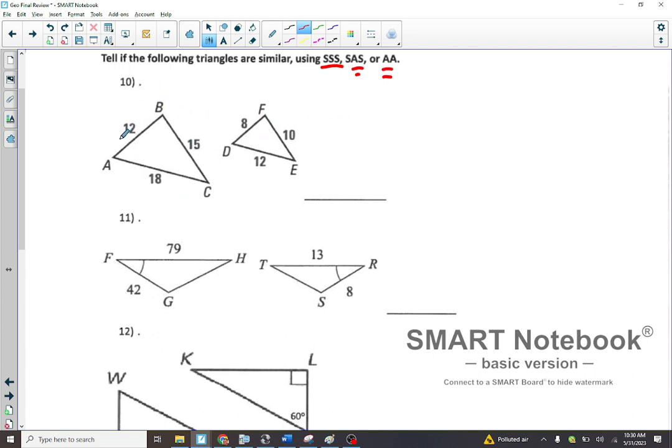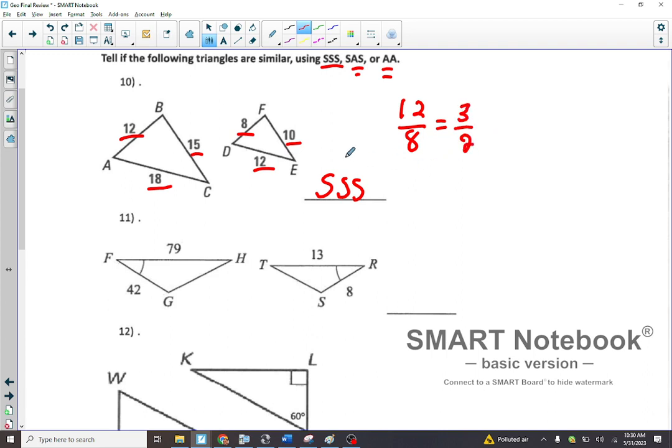For the first one, though, 12, 15, 18 should match 8, 10, and 12. So in this case, it's side, side, side. In this test, I did not have an option where there were none. But you must check on the actual final. So for example, you want to do 12 over 8, which reduces to 3 over 2.